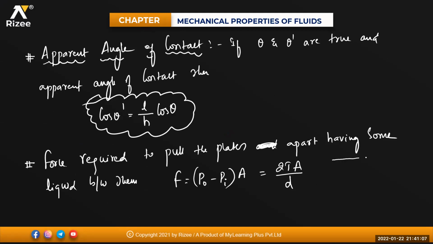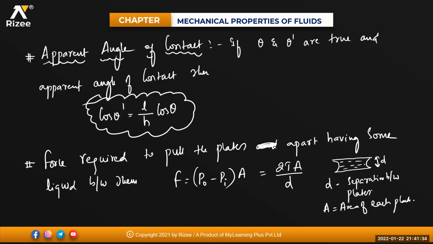If the plates are something like this, the liquid will form like this. This is your T. So small d is the separation between the plates, and A is the area of cross section, the area of each plate. Clear, beta?